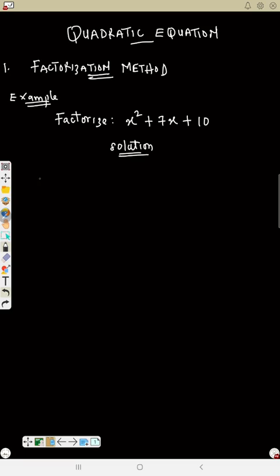So now we have s squared plus 7s plus 10. Now based on what I've explained in the first example, the next thing is you find your product and you find sum. Now what's the product?